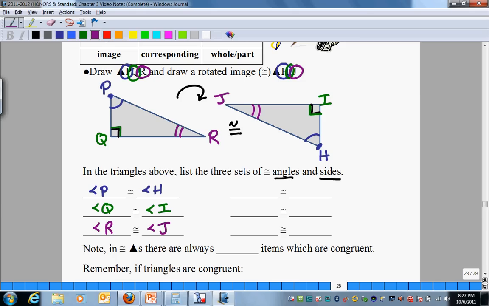In addition to that, we have 3 pairs of sides. Now watch very carefully how we do the sides.